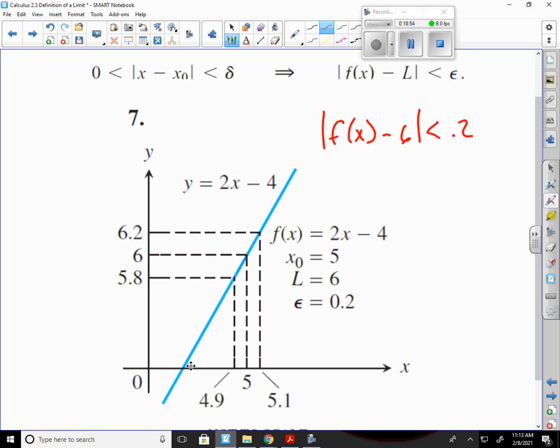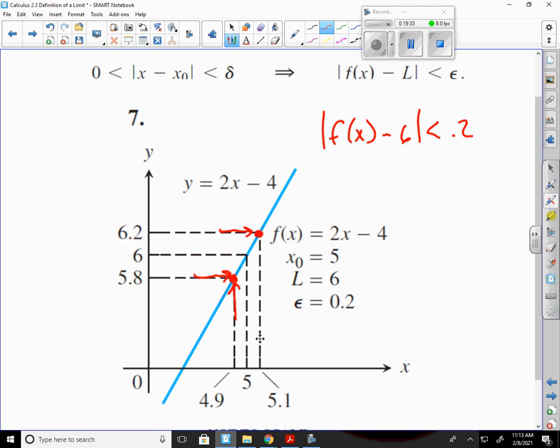Following our chart here, if this is my graph, in order to hit 0.2 below, I need to come up from 4.9. So in order to find an epsilon of 0.2 on the lower side, it has to be 0.1 away from 5, or from x0. To hit the high point of 6.2, my x would have to be 5.1, which means that I'm 0.1 away again.